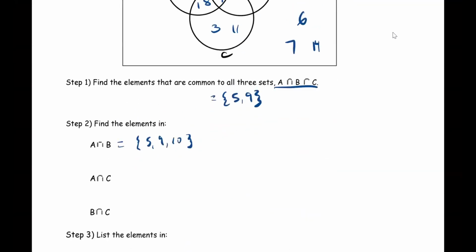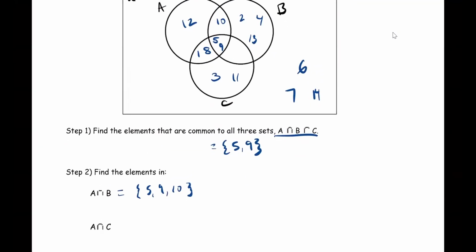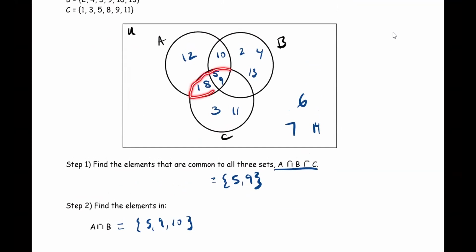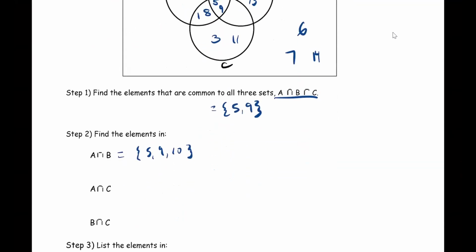Yeah, it is common for B too, but as long as it's common for A and C, then it should get included. So everything that's common to A and C, even if it's included with B too, it doesn't matter as long as it's part of A and C. So that would be 1, 5, 8, 9.